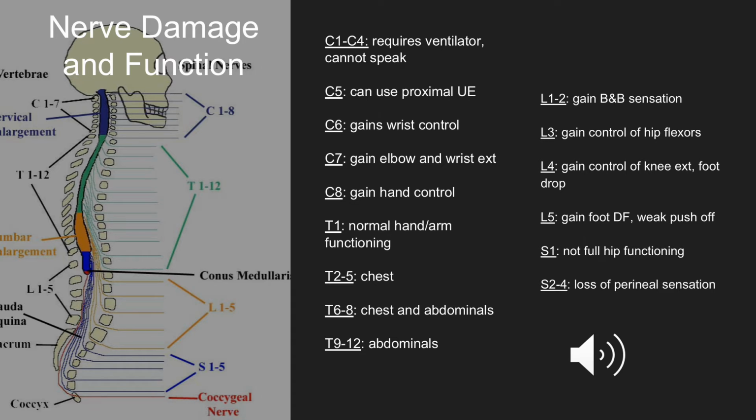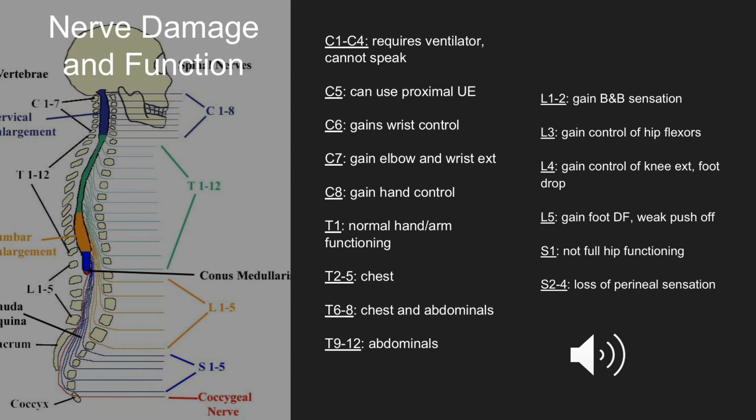And lastly, in the sacral region, there is no full hip functioning if you have an injury to S1, and then S2 through S4 is the loss of perineal sensation and a little bit more bowel and bladder functioning as well.